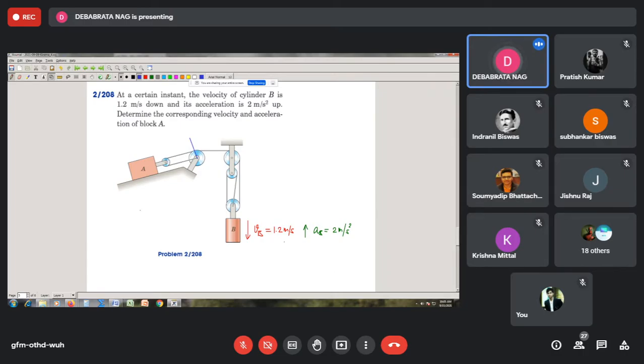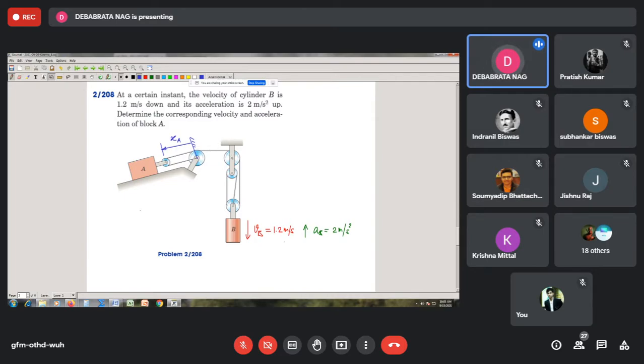So the velocity and acceleration of block A is basically the velocity and acceleration of this point. We call this distance XA. This length is fixed.